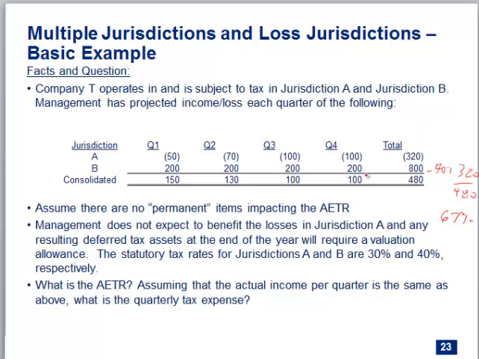But they don't want you to just take 67% times 150, because what you'll indirectly be doing is benefiting this $50 loss. And imagine a scenario where this was zero and instead this was 400. So if that was the case, and you applied a 67% rate to Q1, you would actually show a big benefit in Q1.